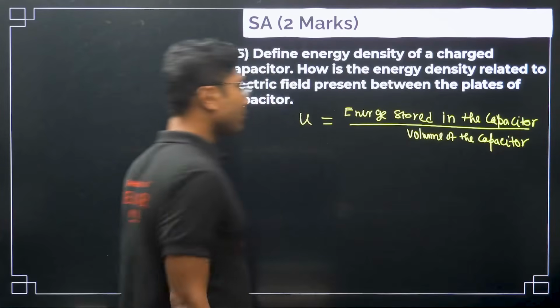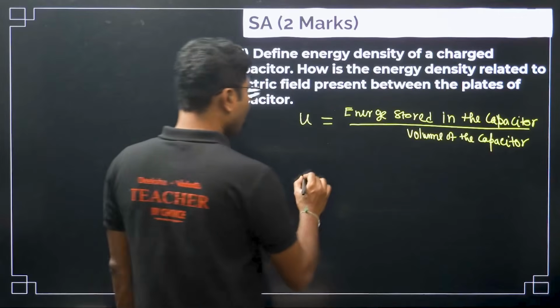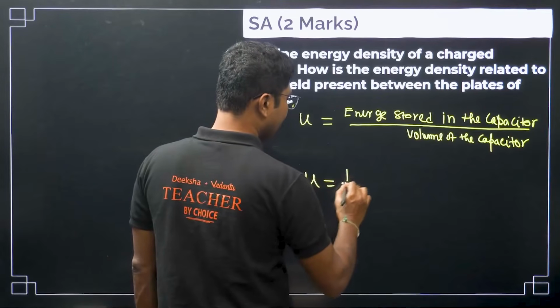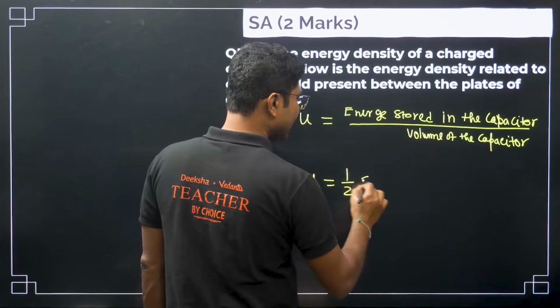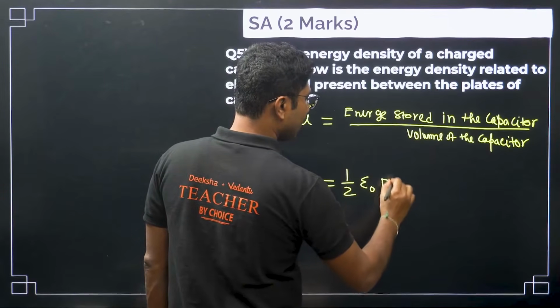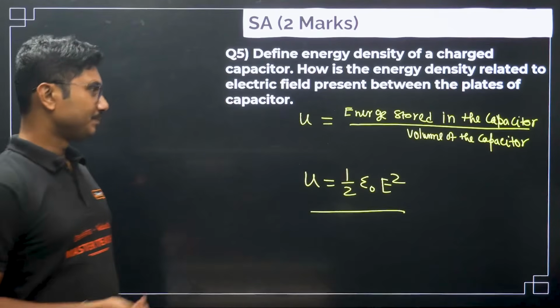This is the definition of energy density. Okay, energy density, not potential energy. Energy density is basically half epsilon naught E square. This is how it is dependent on the electric field.